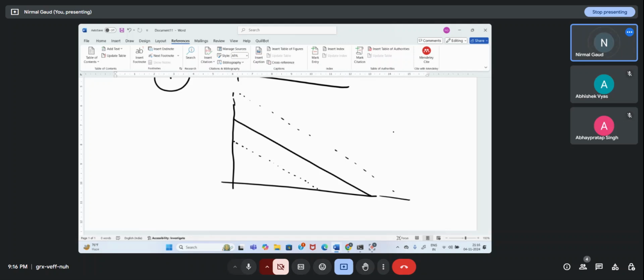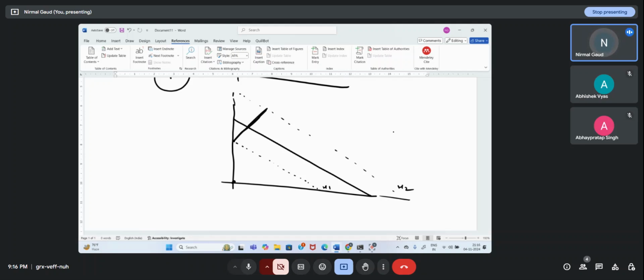Okay, this is h2, this is h1, this is origin. Okay, this distance will be the margin. Distance between the hyperplanes will be the margin.